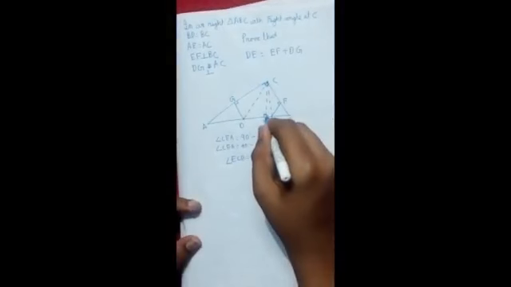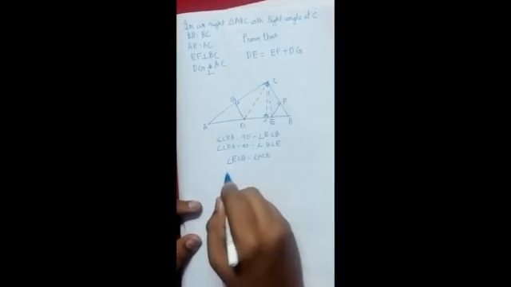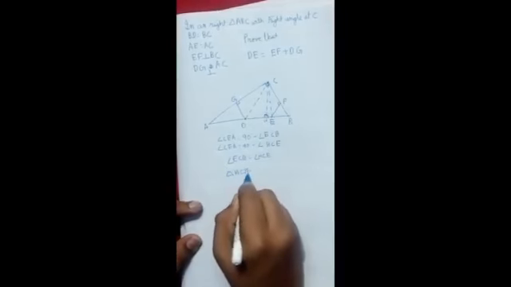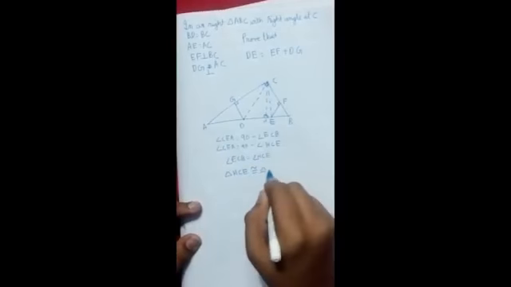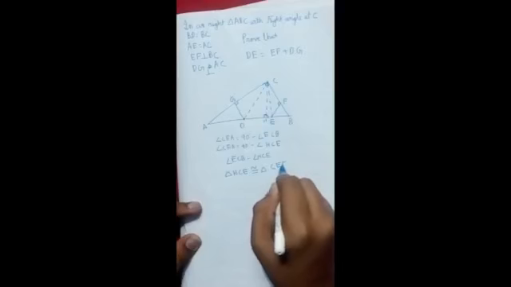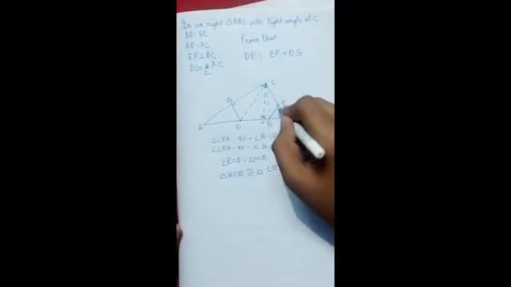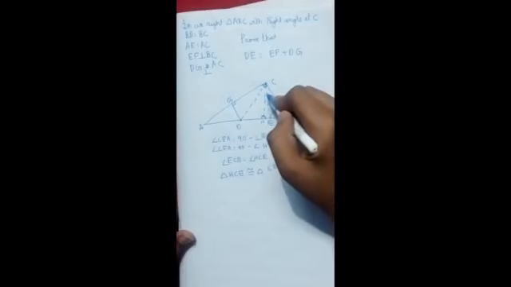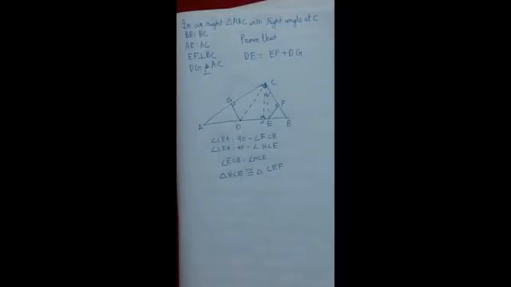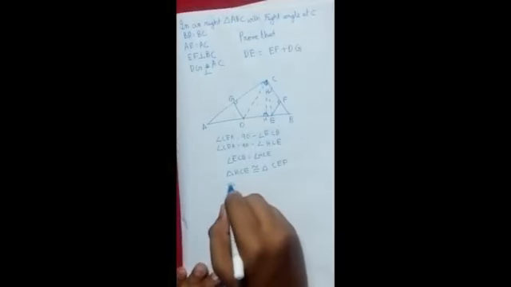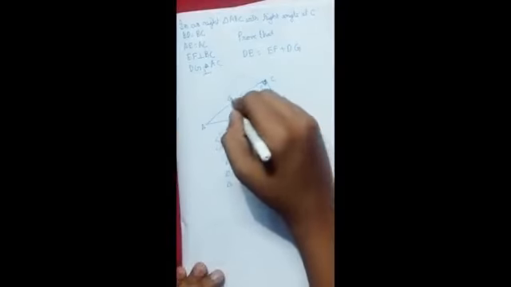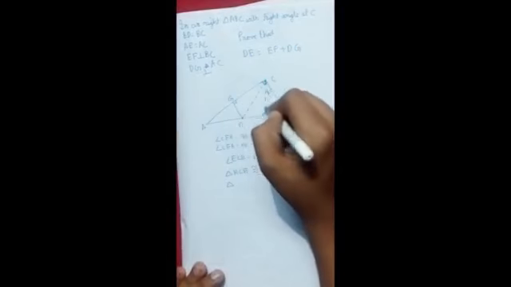Now, I will say triangle HCE is congruent to triangle CEF, because these two are 90 degrees, this is the common side, and these two angles are equal by this proof. Hence, these two triangles are congruent by AAS congruency. Similarly, if we do the same thing here also, we will get these two angles equal.